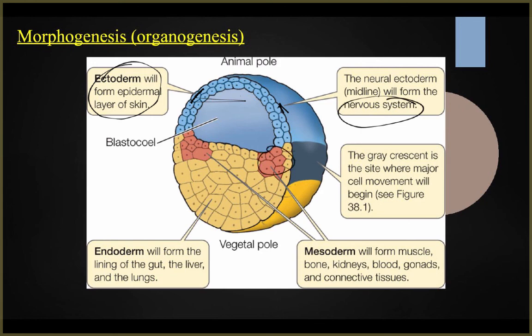You have the mesoderm here that will form bone, kidney, blood, gonads, and connective tissues. Gonads being reproductive cells. And endoderm here is the lining of the gut, the liver, and the lungs. And you still see the blastocyst that's in here. Vegetative pole here, animal pole up there.